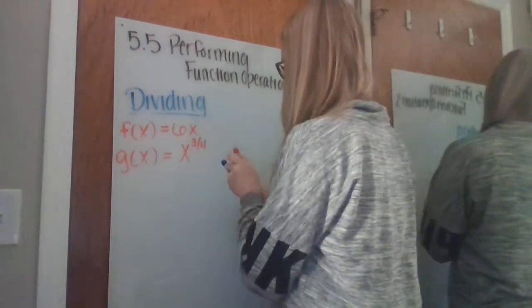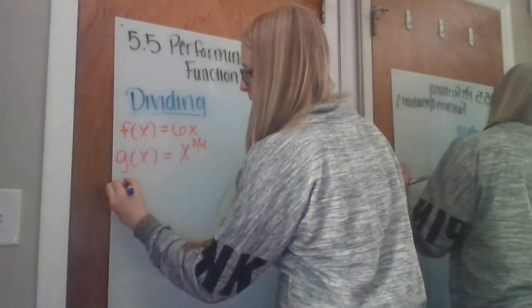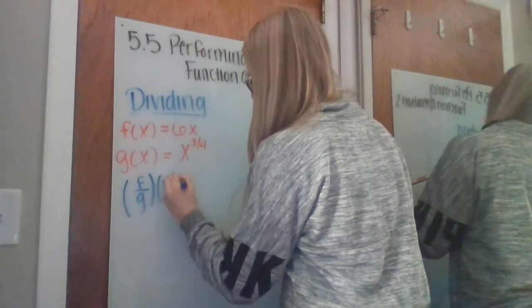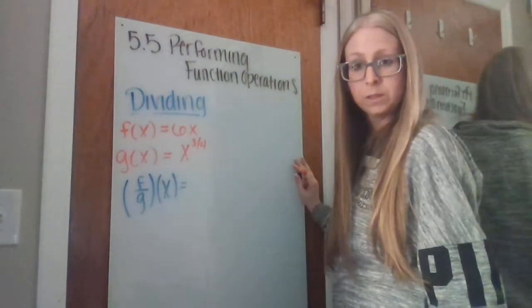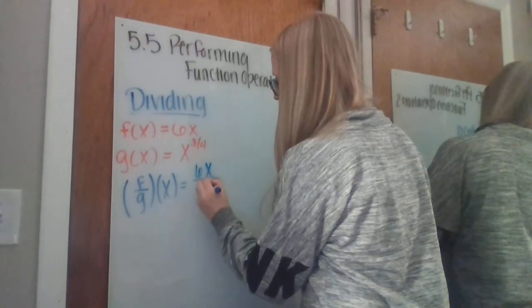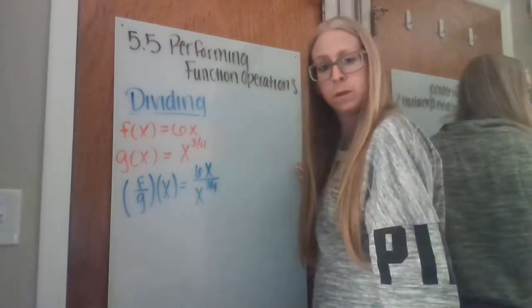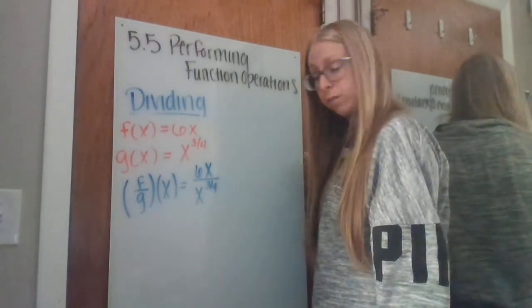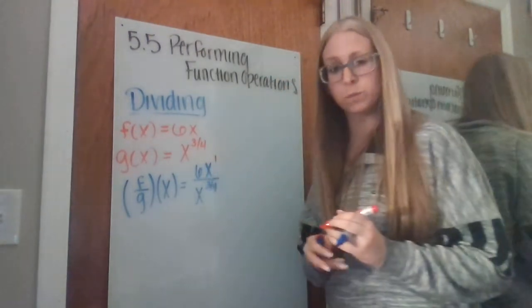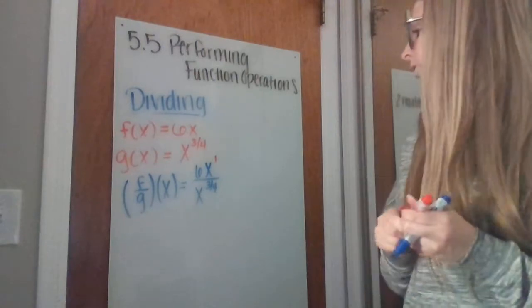Find f divided by g of x. So f divided by g is f divided by g. Now I hope you guys remember that whenever you have an x, there's an invisible little exponent 1 there. Okay, so I hope you guys remember that.